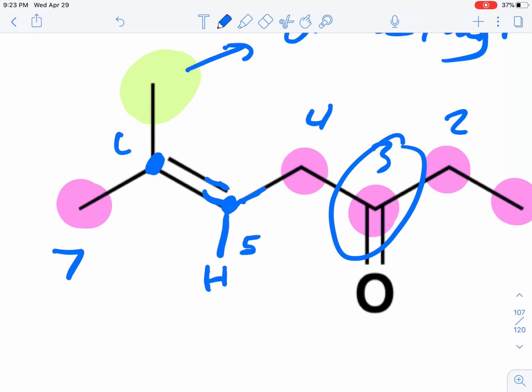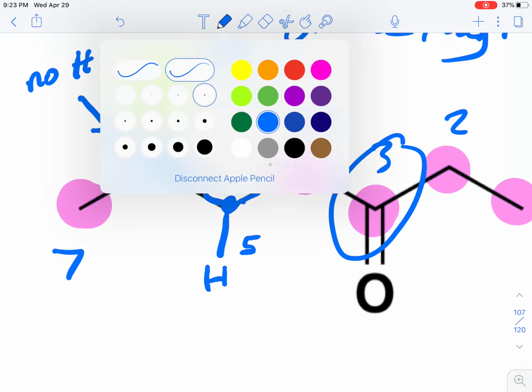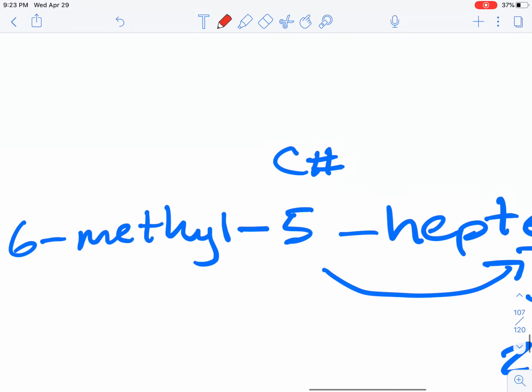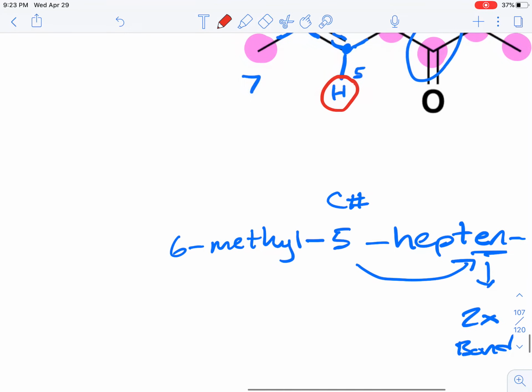On carbon 6, it looks like it has 1, 2, 3, 4 bonds already. So there are no hydrogens. And since there's only one hydrogen that's on one side of that double bond, then this tells us that there is no cis, no trans isomerism. And so we were correct by just leaving it as is.